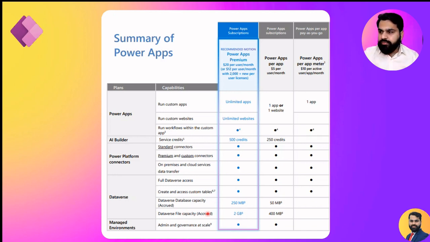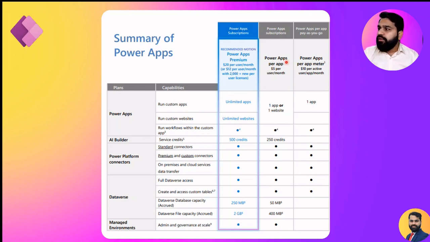These are not given to the specific users to whom the license is allocated, but this is for the tenant. They will also be able to do admin and governance from the managed environment perspective. These premium license holder users will have that capability as well.